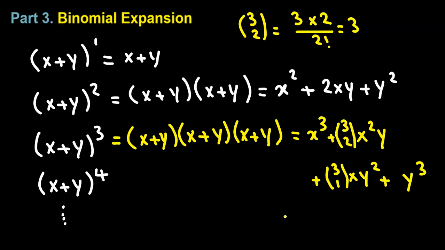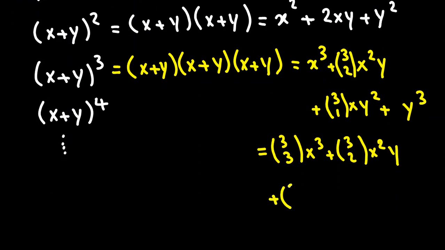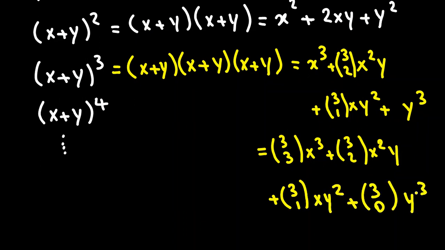But if I want to generalize and find the formula, it will be what? You can say 3 choose 3 x cubed plus 3 choose 2 x squared y plus 3 choose 1 x y squared plus 3 choose 0 y cubed. So maybe some of you say, okay, instead of 3 choose 2, we select 2 for x's, maybe I want to write 3 choose 1 for selecting y here.